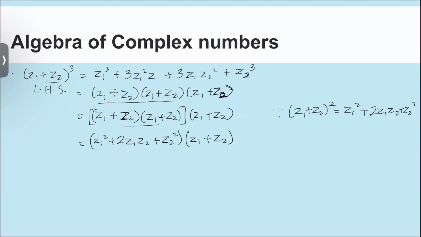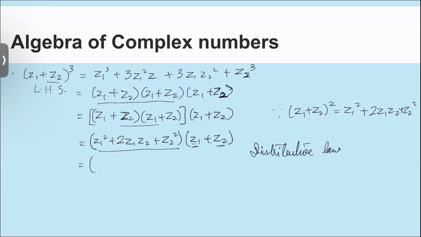Now we will use the distributive law. We multiply the entire first bracket with the first term of the second bracket, and then with the second term of the second bracket.